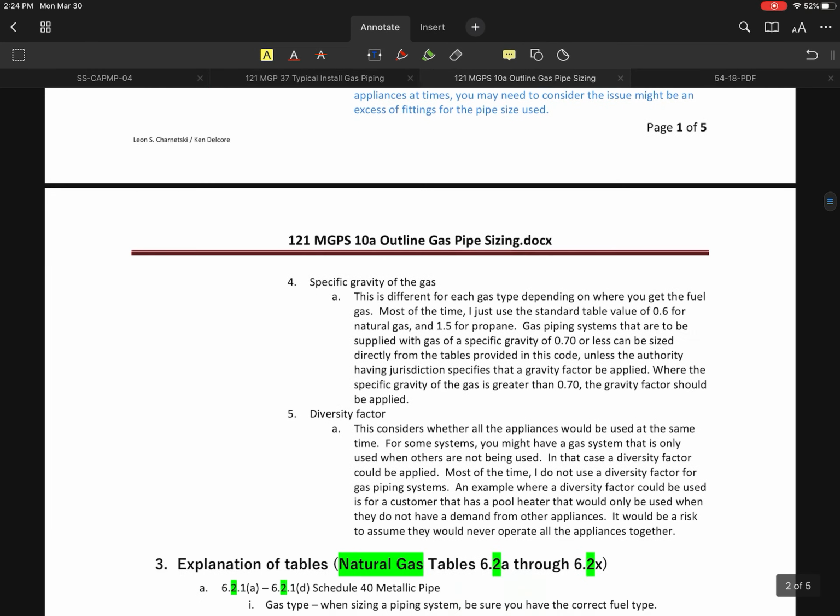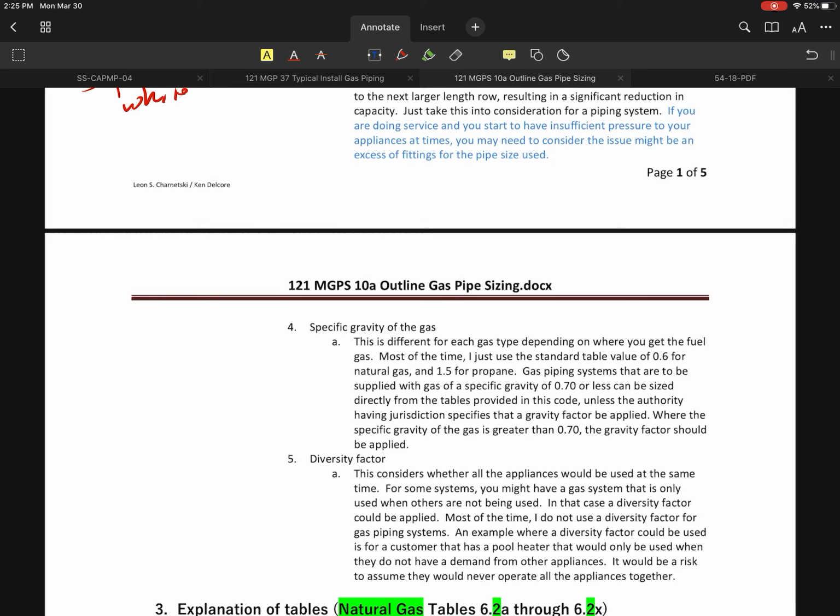The next one I want to address with you guys is called specific gravity of the gas. Essentially, all of the tables for natural gas assume a specific gravity of 0.6. Directly in the code book, they also point out that if you're going to have a gas supplied with a specific gravity of 0.7 or less, you do not need to do any corrections on these things.